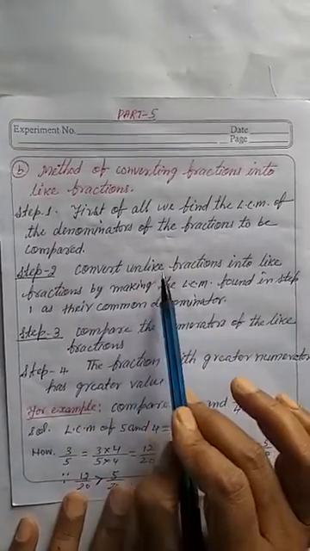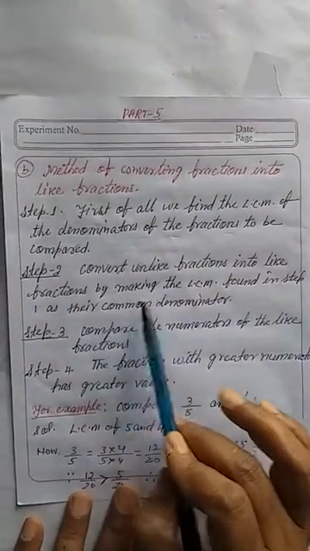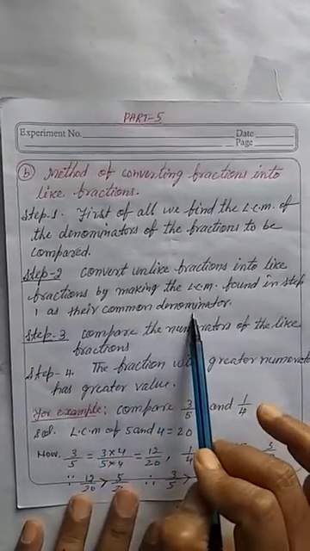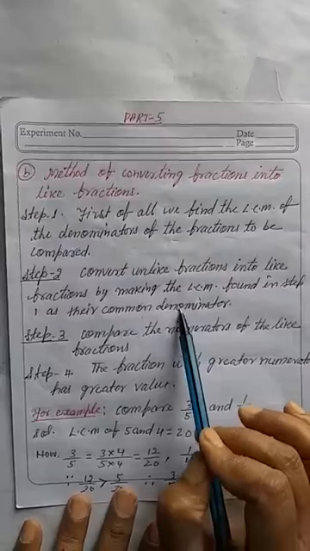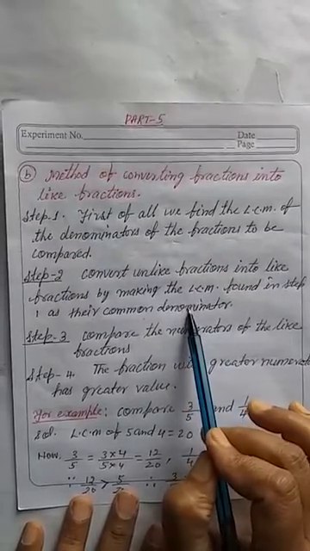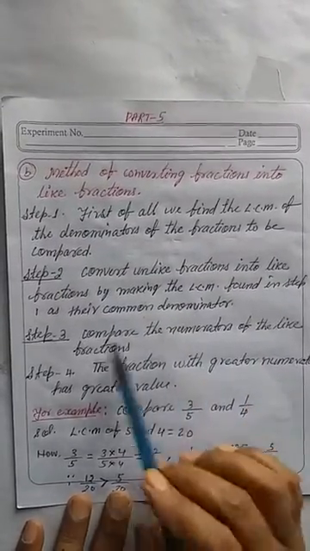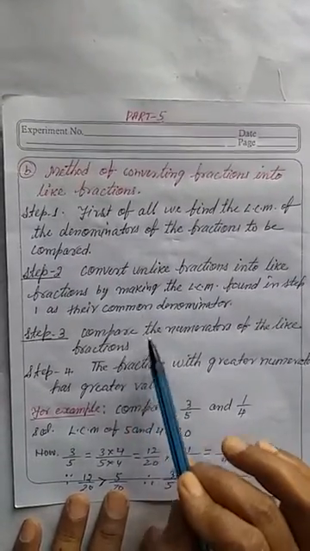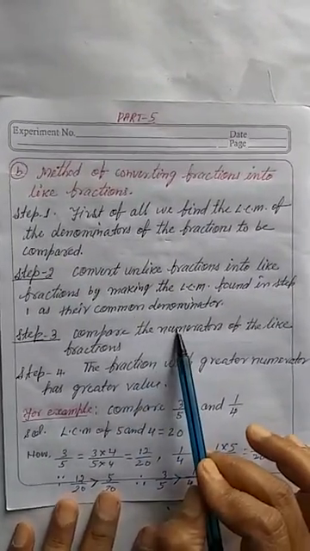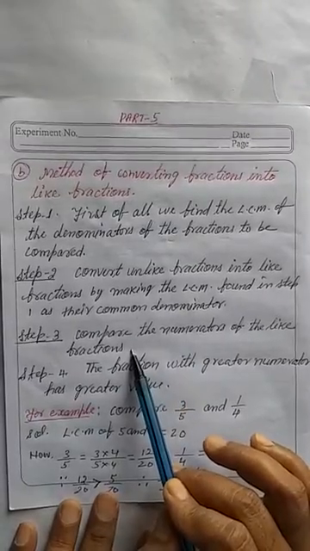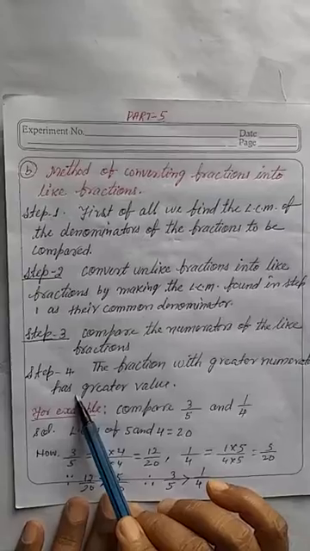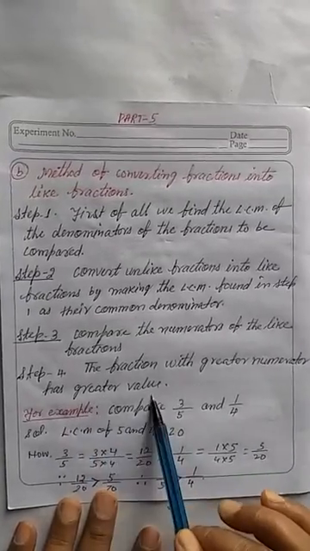Step 2: convert unlike fractions into like fractions by making the LCM found in step 1 their common denominator. Just before this, I already explained how to do it. Step 3: compare the numerators of the like fractions. After making like fractions, we have to compare the numerators. The fraction with the greater numerator has the greater value.